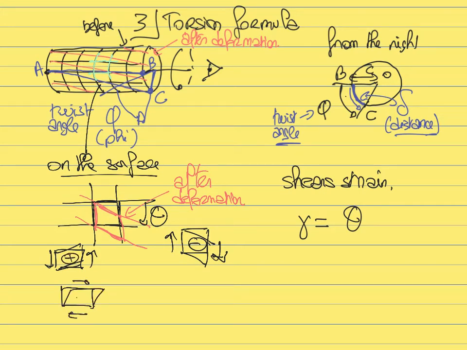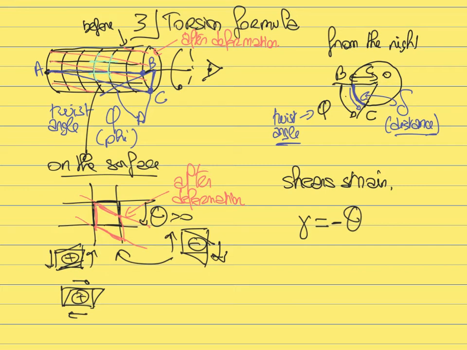But a torsion like this will induce a negative shear strain. So the shear strain is not equal to theta, but to minus theta. If theta is positive, you get a negative shear strain. So a positive torque will induce a negative shear strain and also a negative shear stress, as we are going to see in the following.